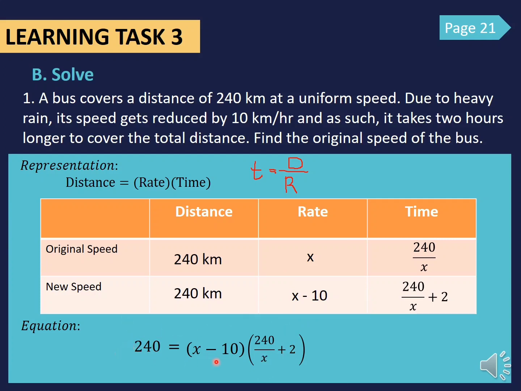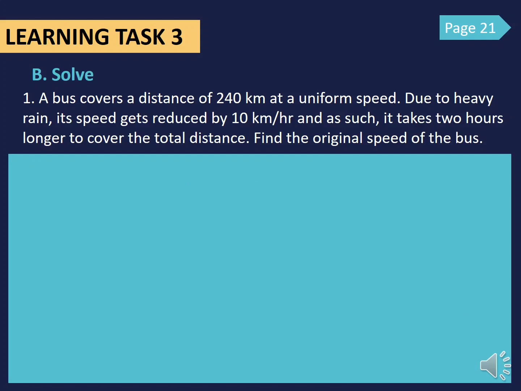Doon tayo magbabase sa ating reduced speed. 240 is equal to x minus 10 times 240 over x plus 2. This is the time, this is the rate, and this is the distance. That is our formed equation. Now, from our formed equation, which is 240 equals x minus 10 times 240 over x plus 2, let us now have our solution.